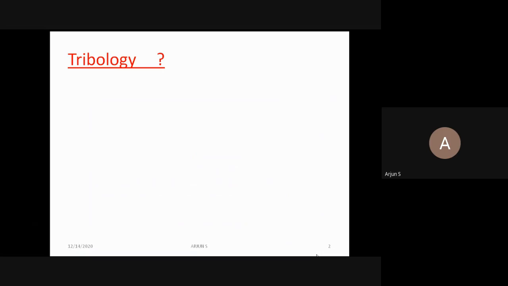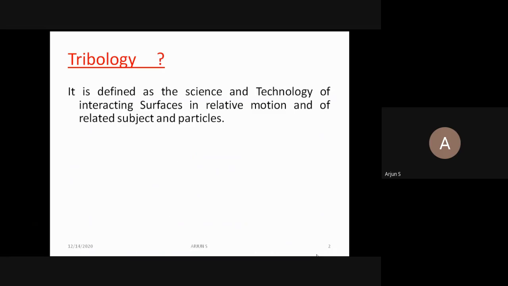However, this generally deals with the technology of lubrication and friction control and wear prevention of surfaces having relative motion which are subjected to load. To have a thorough understanding of the subject and its application to machines, it becomes necessary to know many areas.